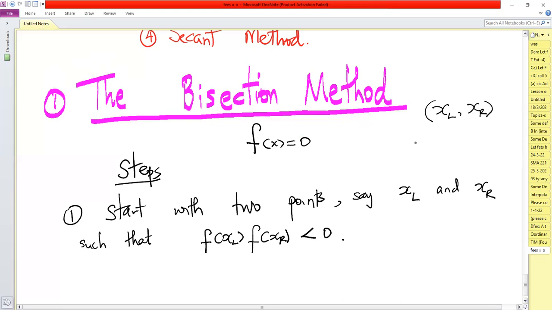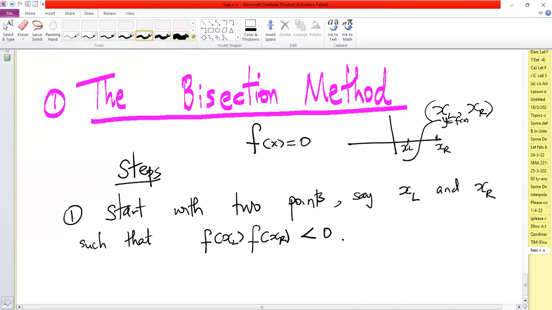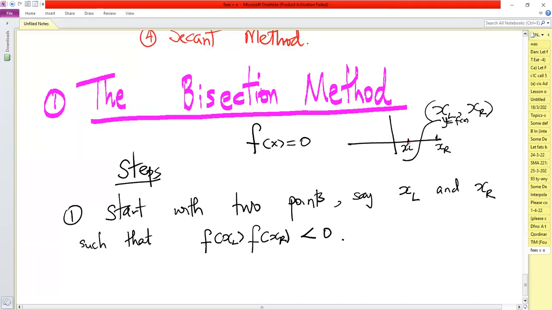Now our notation XL simply means the value of x to the left, and XR just means the value of x to the right. If this is y equals f of x, so this is XR, and this is XL, such that, as from this sketch I've drawn, f of XL is negative, while f of XR is positive.